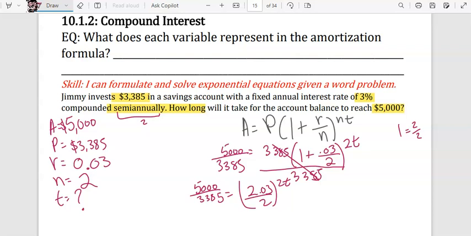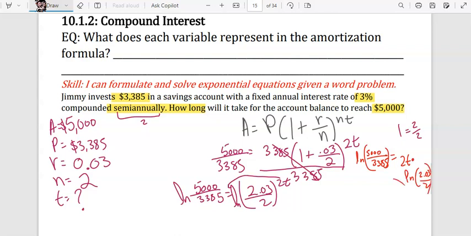From there, we're going to take the ln of each side, natural log. And using the power rule, we can move the exponent to the front now. ln of 5,000 over 3,385 equals 2t times ln of 2.03 over 2.